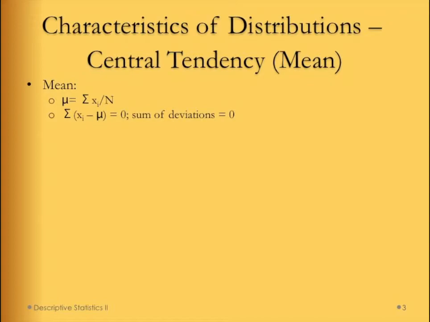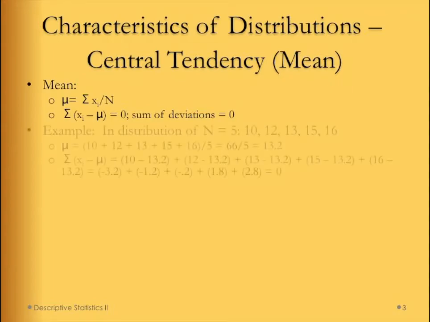An extremely important property of the mean is that the sum of the difference between each score and the mean equals 0. Shortly, we will learn that a score minus the mean is a deviation score. Thus, the mean is the point in any distribution where the sum of deviations equals 0.